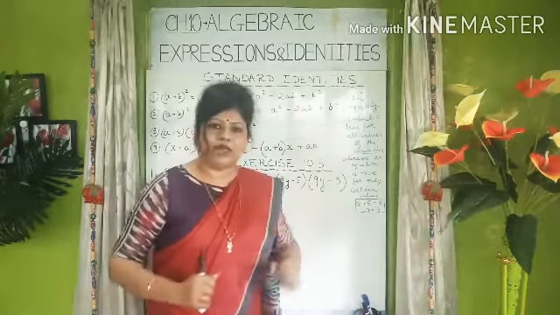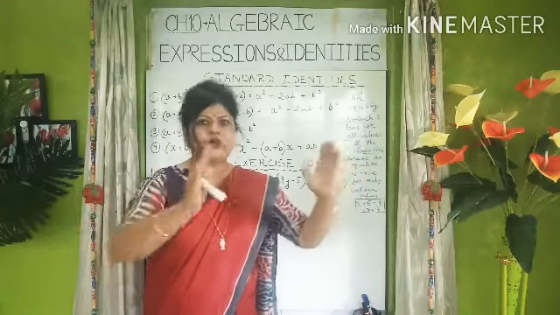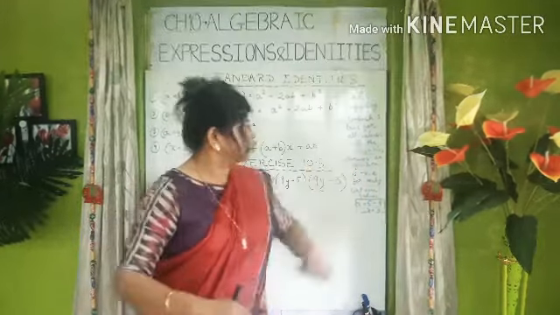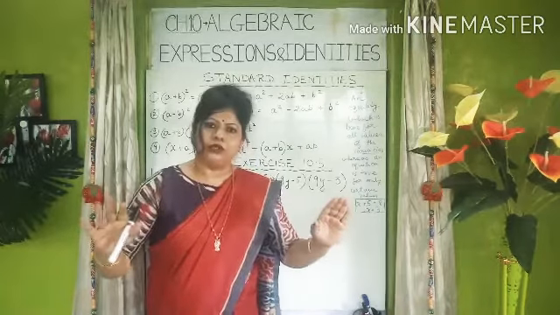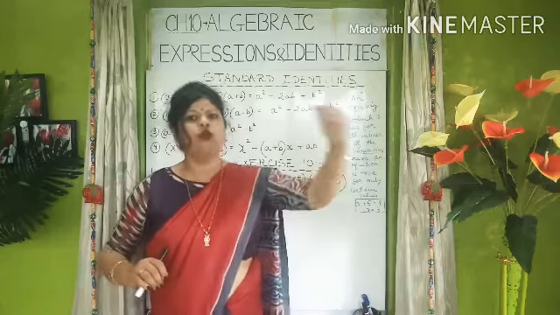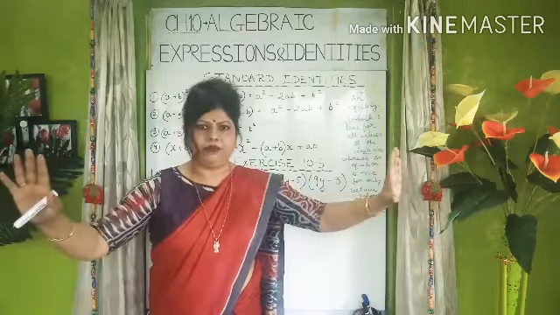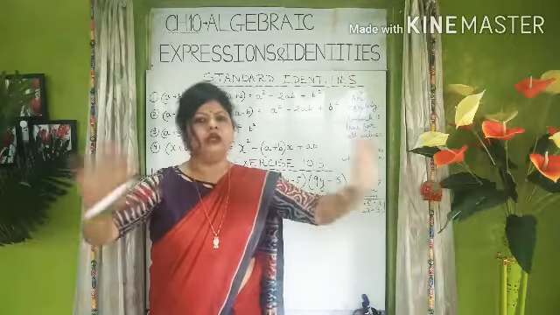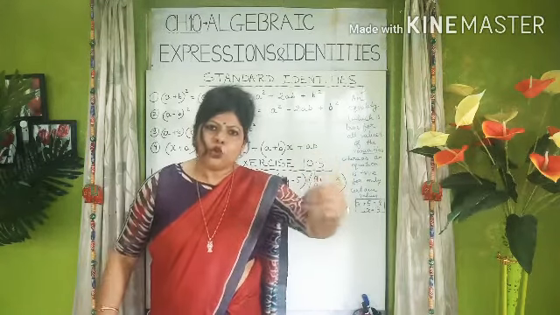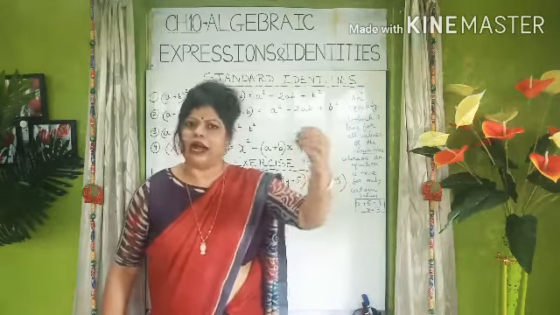A standard identity is an equality, this equals this, which is true for all values of the variables. Whatever value you put, your identity will remain the same. So in algebra you have a few such identities, and these are called standard identities.